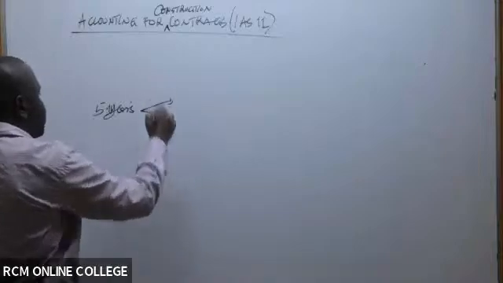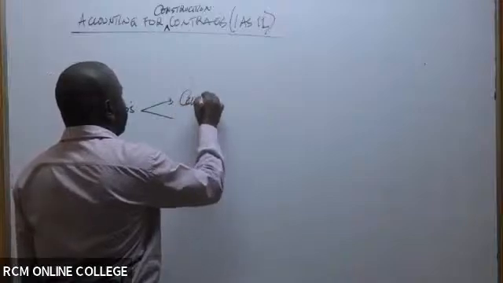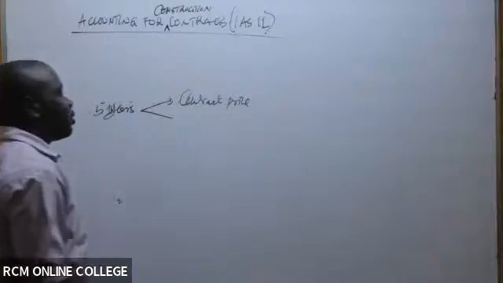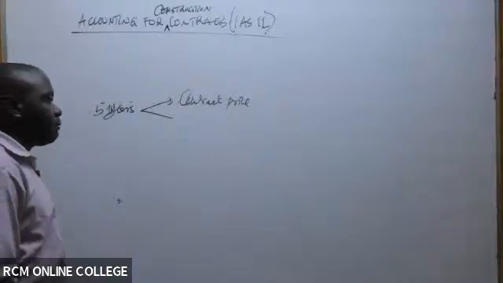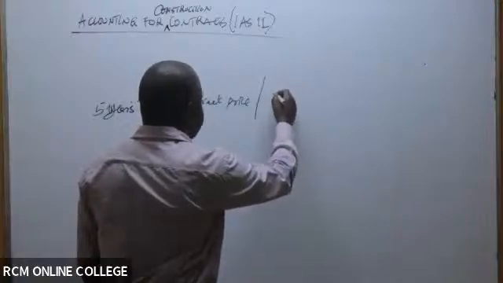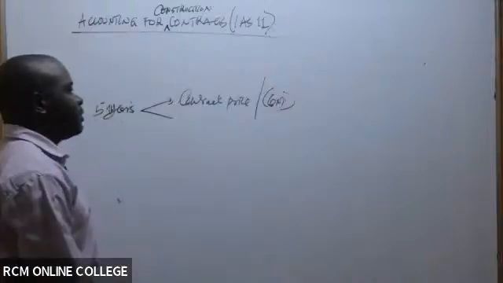So already, maybe you've determined the contract price. You as a contractor have told your client that for the entire contract, you'll have to pay me, let's say, 6 million.